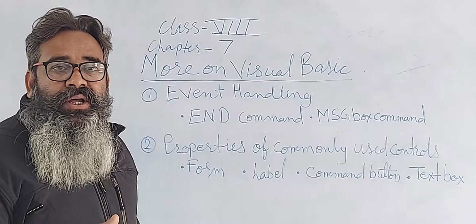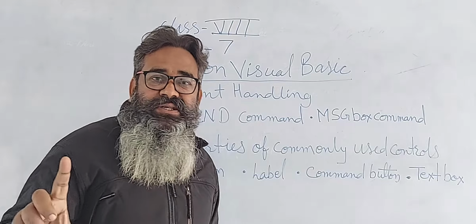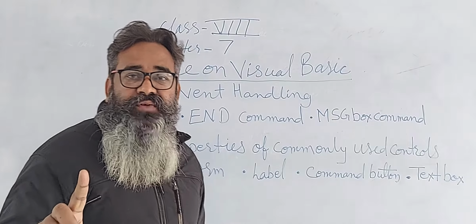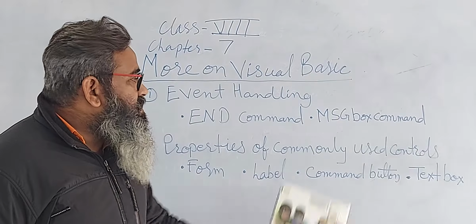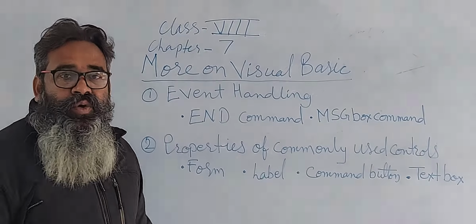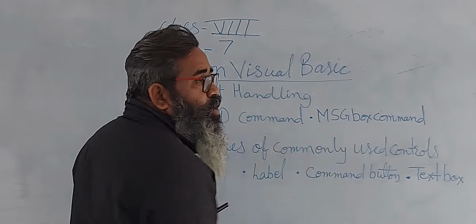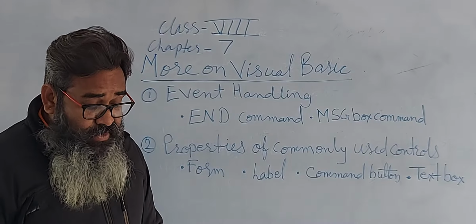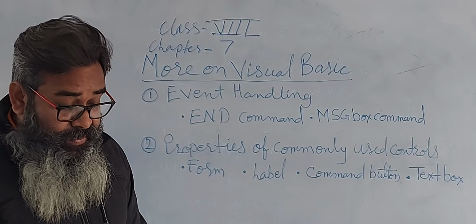When we click on some event and a message box appears in front of our screen, a message box command must be there. According to their buttons, we have to put in their coding, as we have already mentioned in our book: MsgBox, a message and a control value.